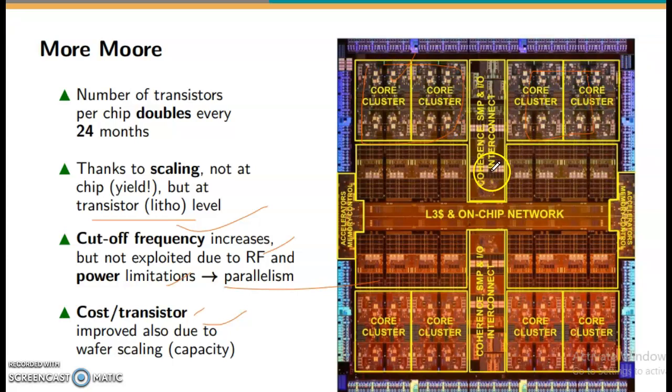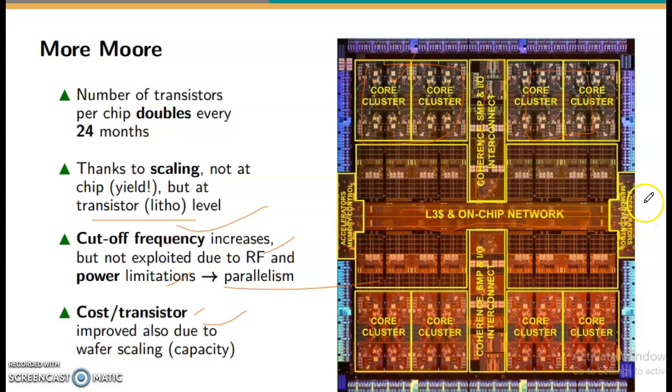Here SMP, IO, interconnect, coherence. This is it. Here L3 and on-chip network.